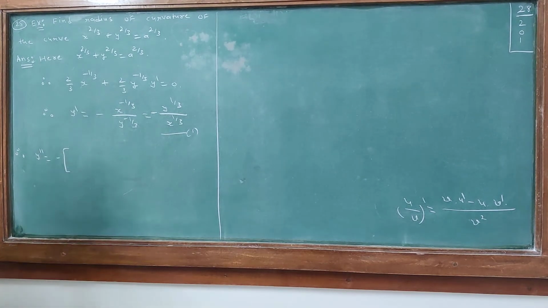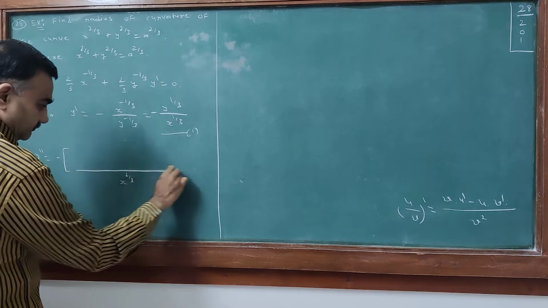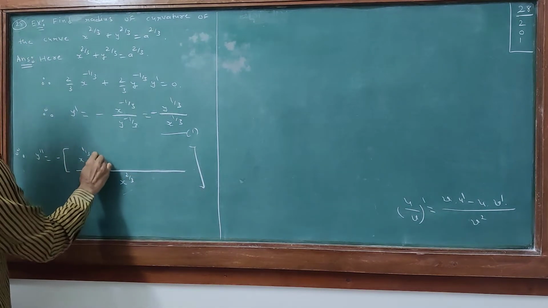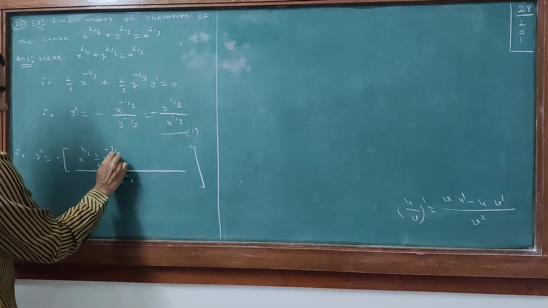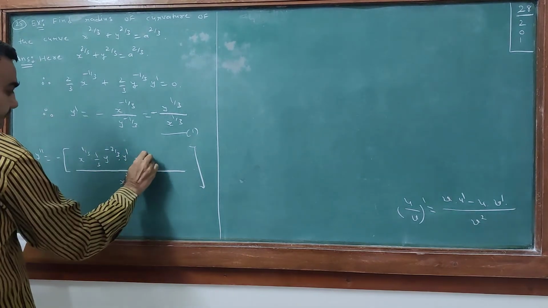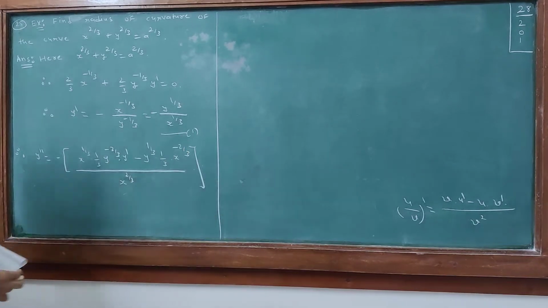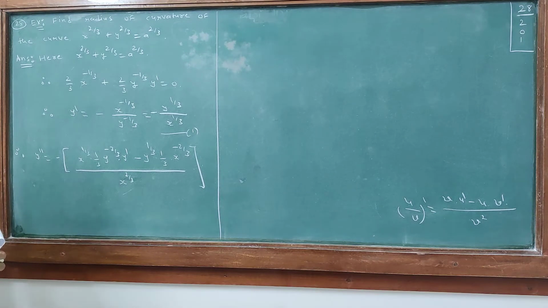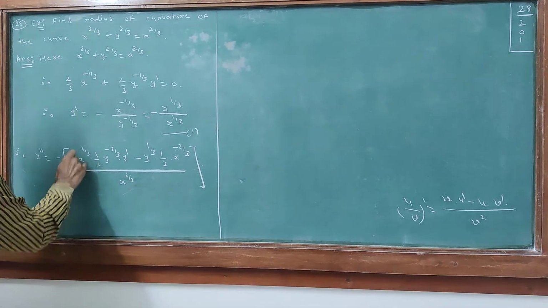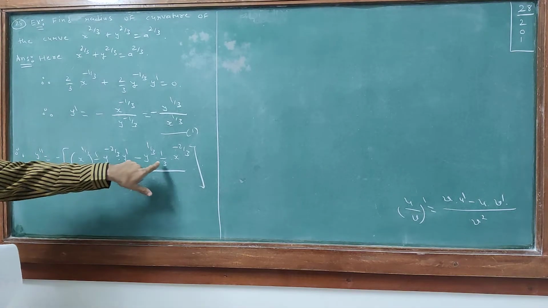Square of denominator, v square, this is v, differentiation of numerator u dash minus u, differentiation of denominator.